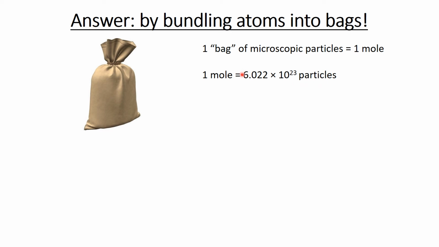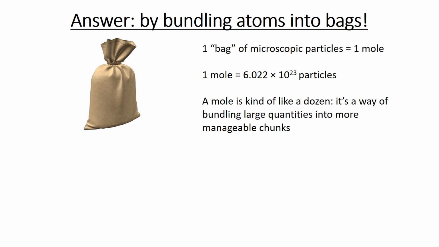But if we bundle every 6.022 times 10 to the 23rd particles into a bag and call that bag a mole, well, moles are a lot easier to count. A mole is kind of like a dozen. It's a way of bundling very large quantities into more manageable chunks. So if you wanted to get 24 donuts, you wouldn't say 24 donuts, you'd order 2 dozen.